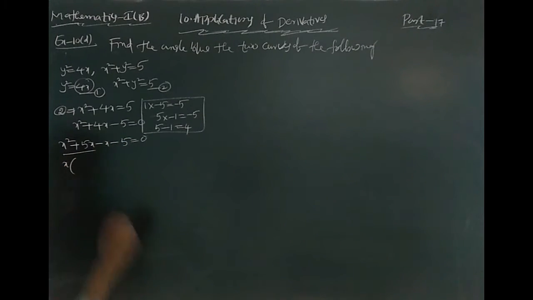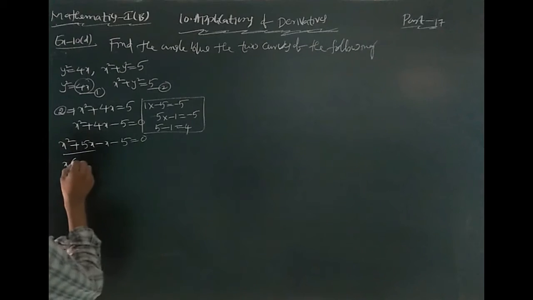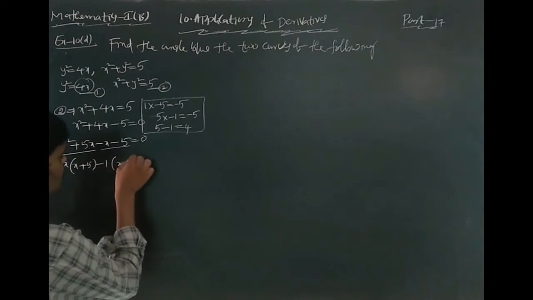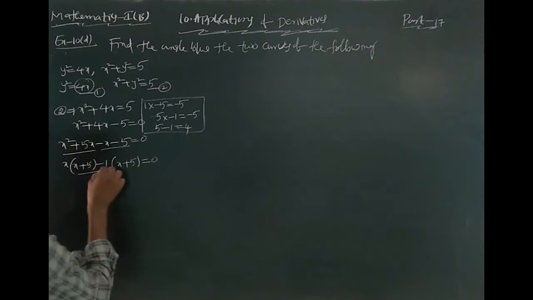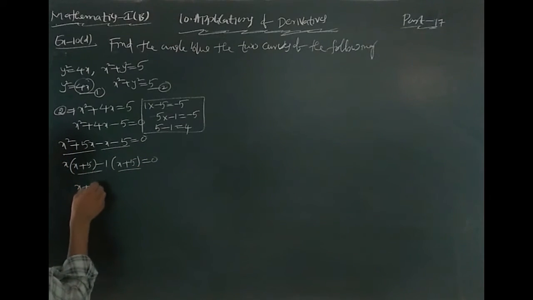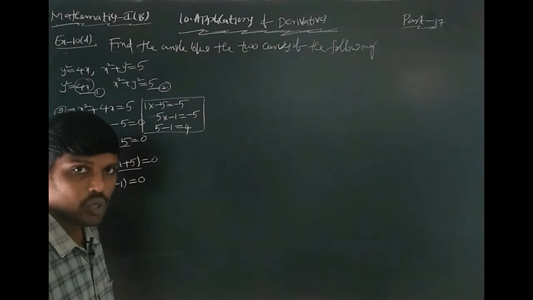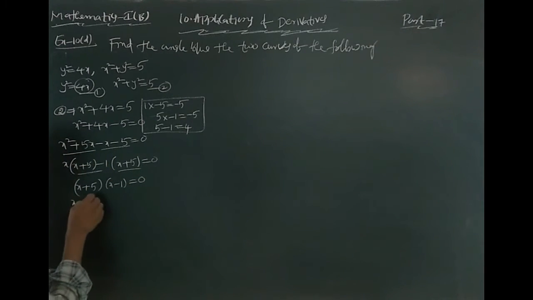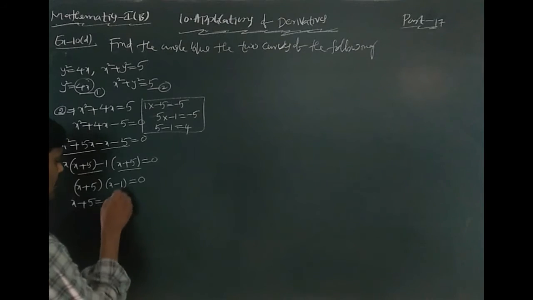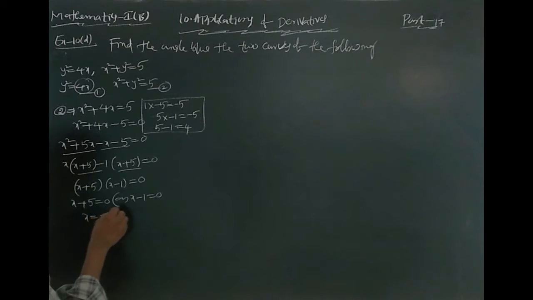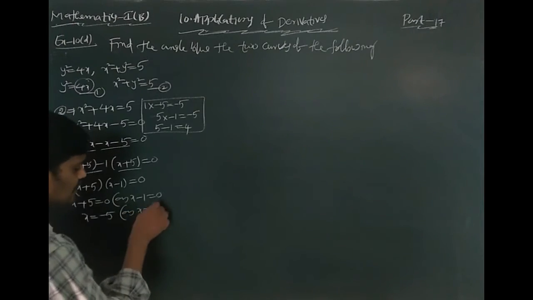In the first two terms, take x common, you get x plus 5. In the last two terms, take minus 1 common, you get x plus 5. Then take x plus 5 common, you get (x plus 5) into (x minus 1) equal to 0. Here x plus 5 equal to 0 or x minus 1 equal to 0. Then x is equal to minus 5 or x is equal to 1.